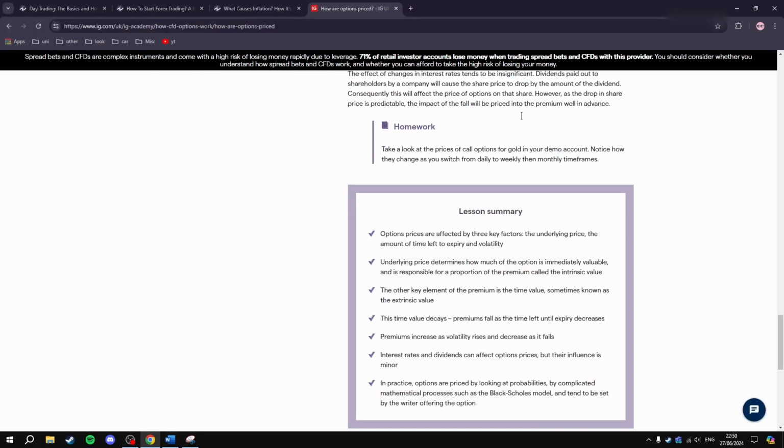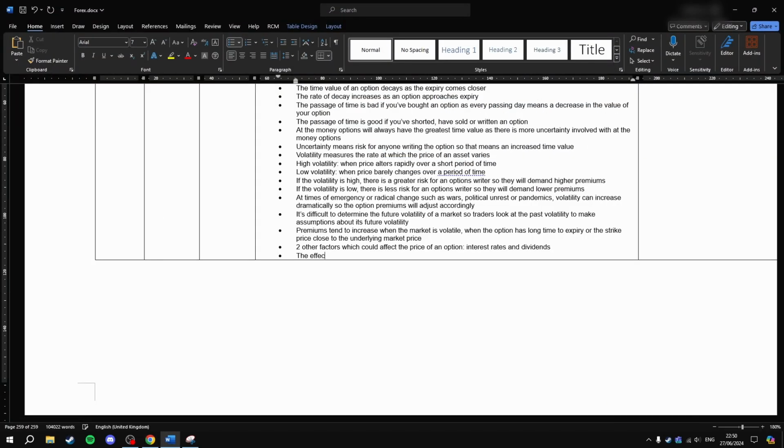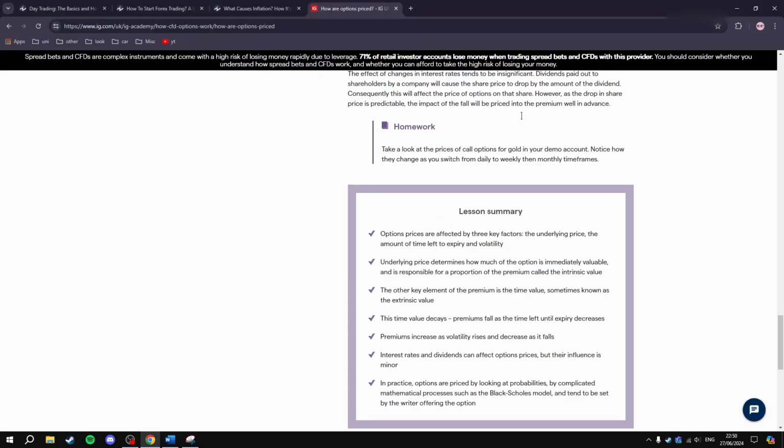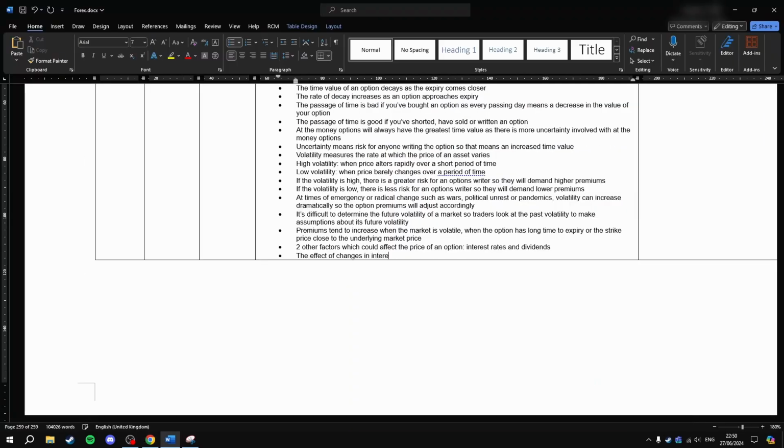The effects of changes in interest rates tend to be insignificant.